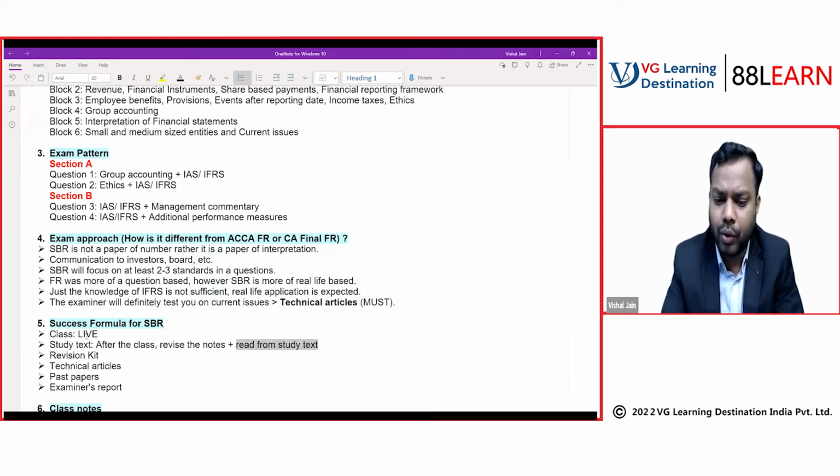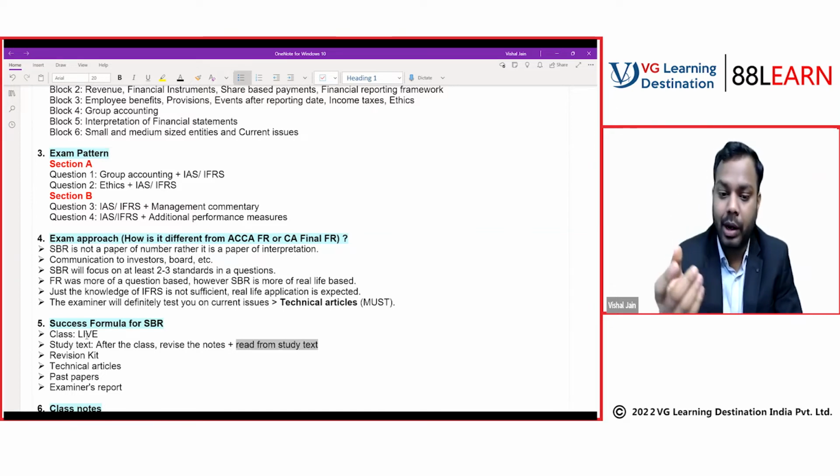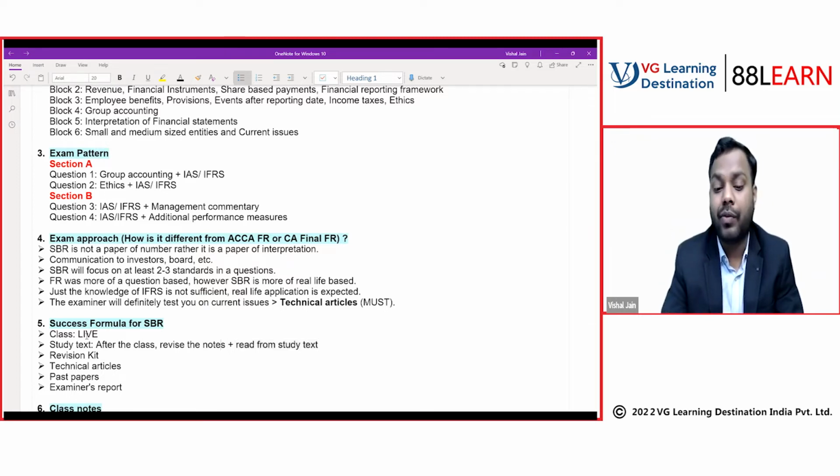Will you get anything new from the study text? No, but your understanding will enhance. There will not be even a single word that you will find new in your material. Everything will be covered in the class 100%, might be 110%, but not less than that. But you should revise it from the study text.